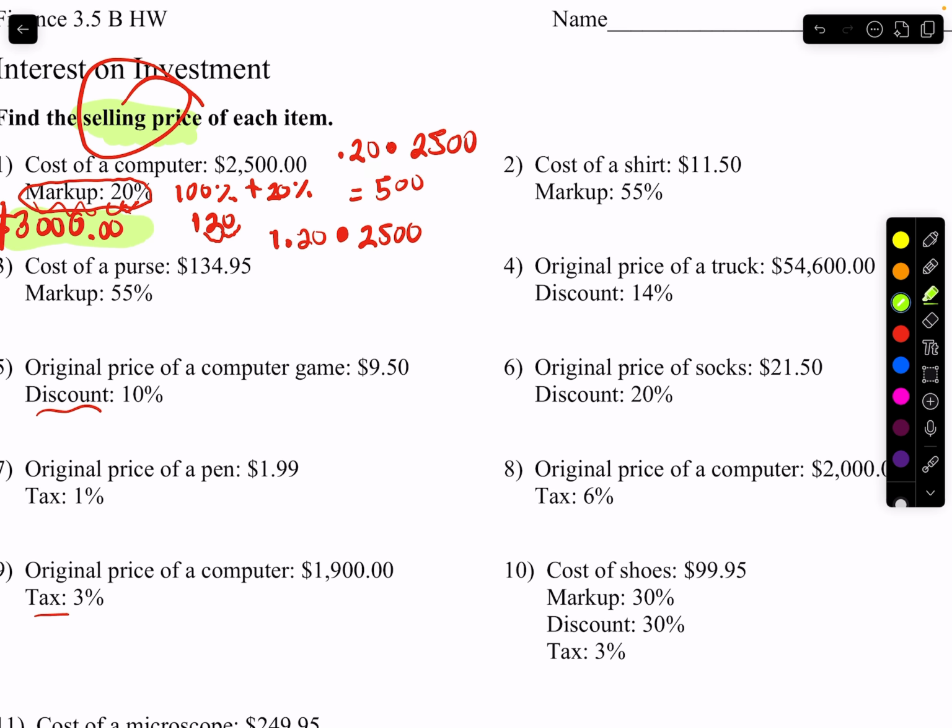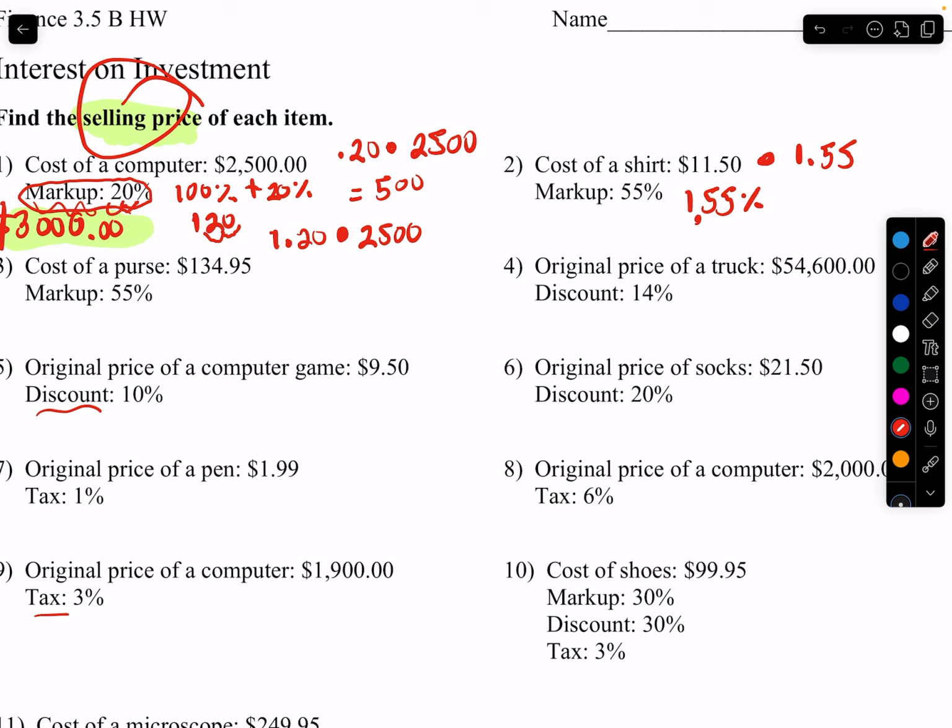So 55% higher than full price would be like paying 155% of the price. So that's like paying 1.55 times the price.